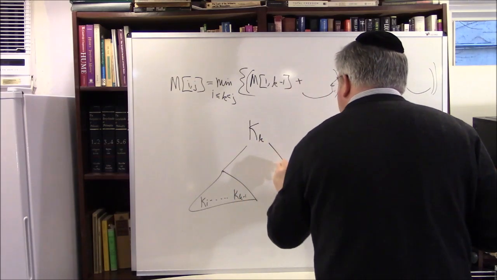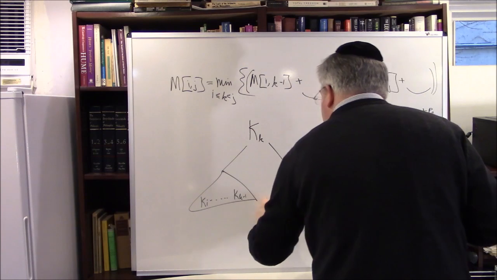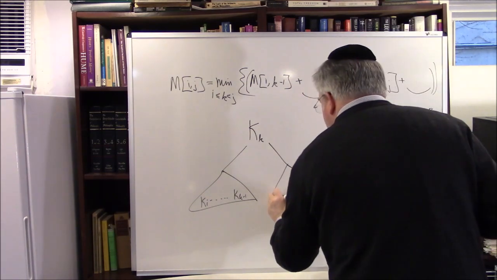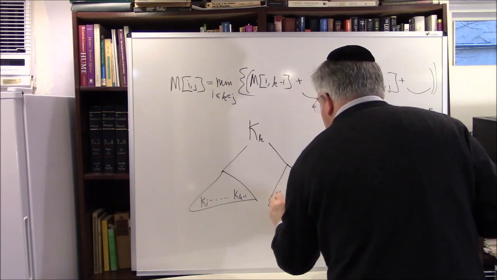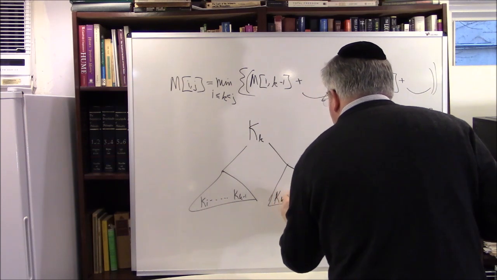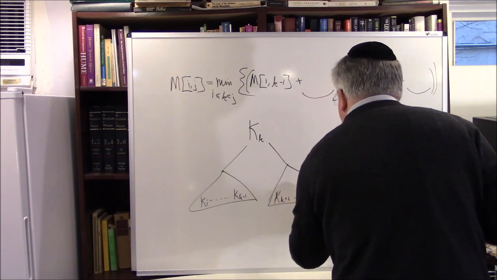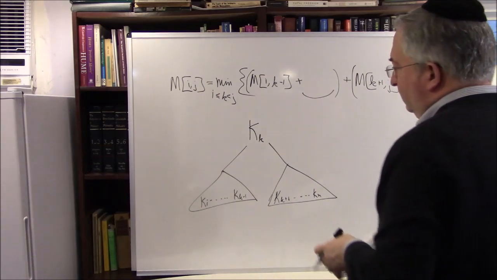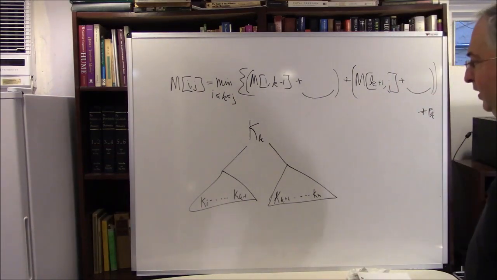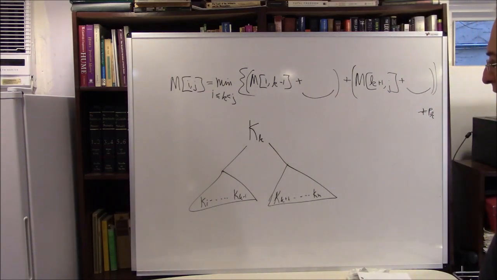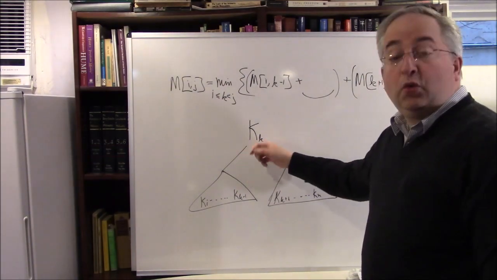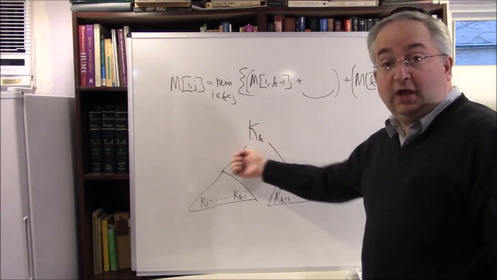And on this side, you're going to have k plus 1, all the way till kn. So you're going to try all the possible roots of this.